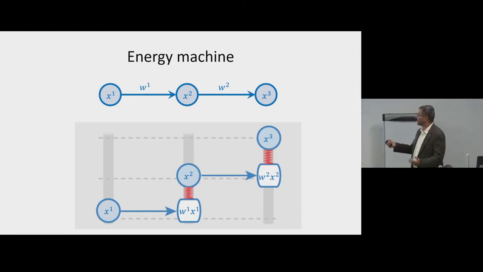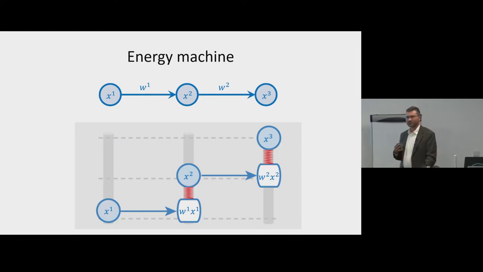So let's consider a very simple neural network where we have just 3 neurons connected linearly. In this mechanical analogy, the activity of a neuron corresponds to the height of a ball sliding on a vertical post. So for example, here we have this neuron with little activity, this with medium activity, and this is a highly active neuron.